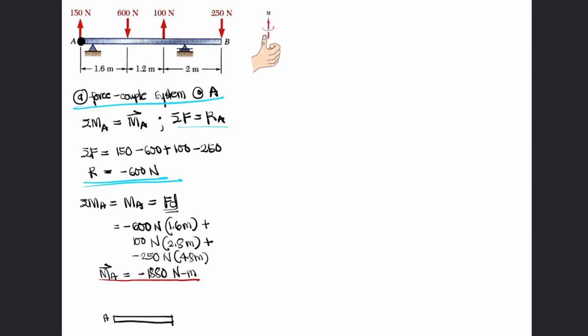This is point A, point B. So acting here is the force of 600 newtons. Then negative 1880. Again, right hand rule. Your thumb is pointing towards point A, then the moment. So this is negative 1880.